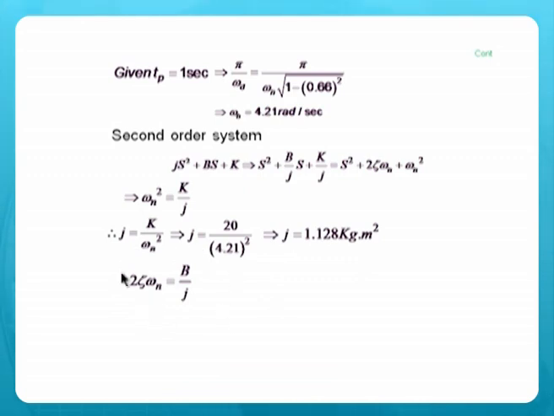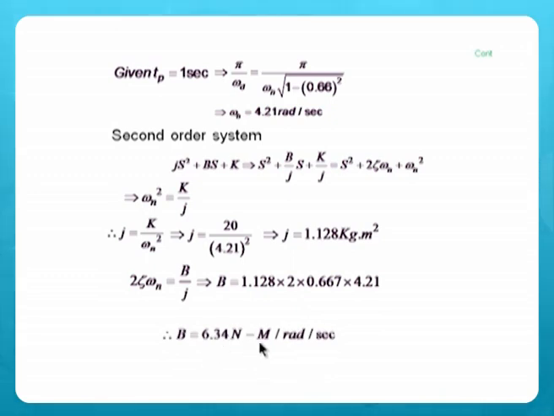And use this second term in the function, 2 zeta omega n with b by j, and you can calculate the other constant that remained, b, friction coefficient, and get 6.34 Newton meter per radian per second.